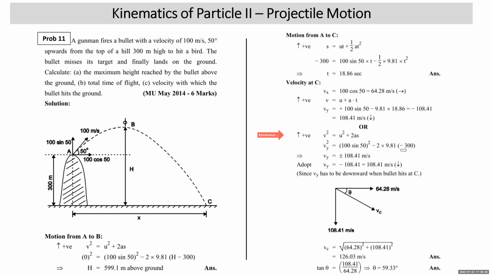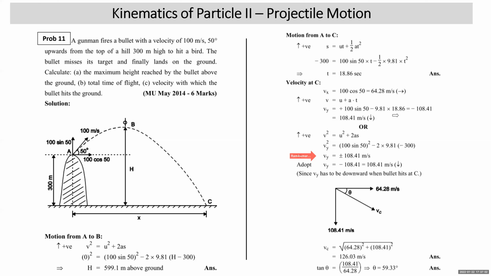Here h will be minus 300. Why is s minus 300? Since point C is below A. You are writing the equation of motion from A to C, and C is below A, and you are taking upward positive. So displacement is negative. Minus minus will become plus. You get Vy as plus or minus 108.41.